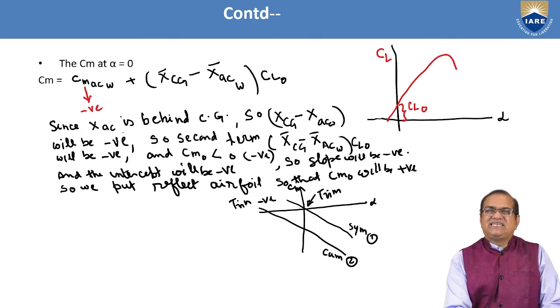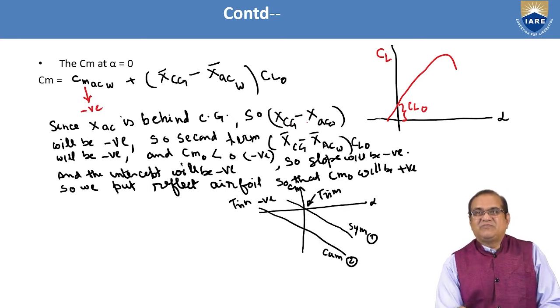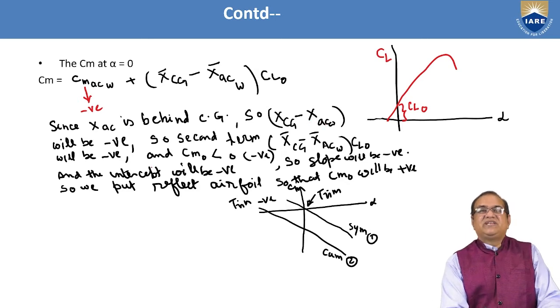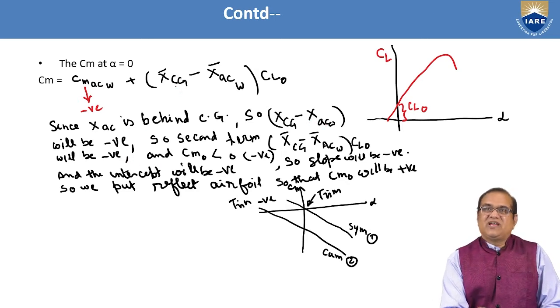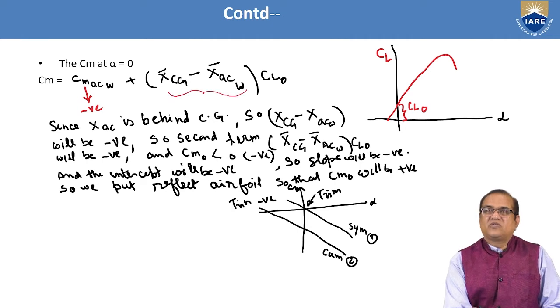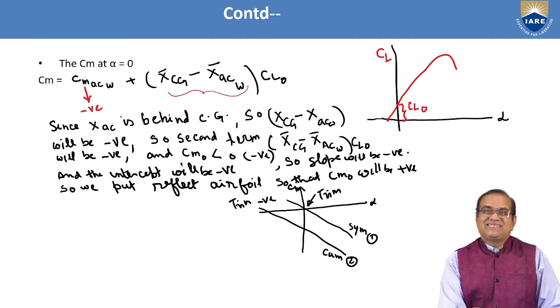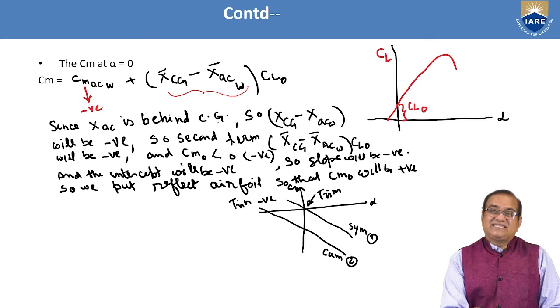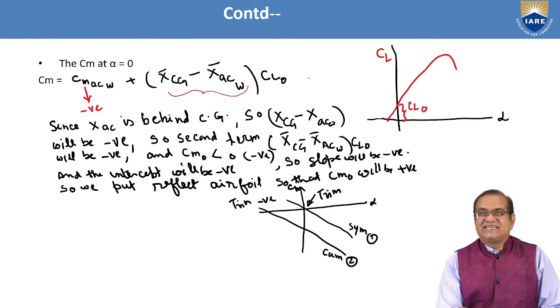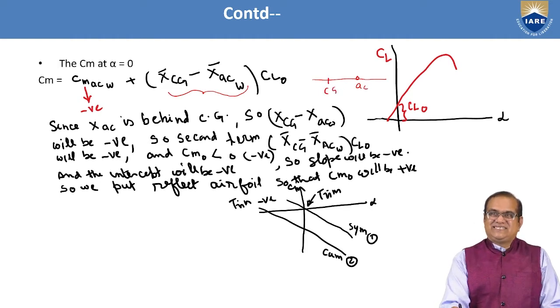Since XAC is behind the CG, XCG minus XAC will be negative. This is the AC and here is the CG, so this AC is behind the CG.